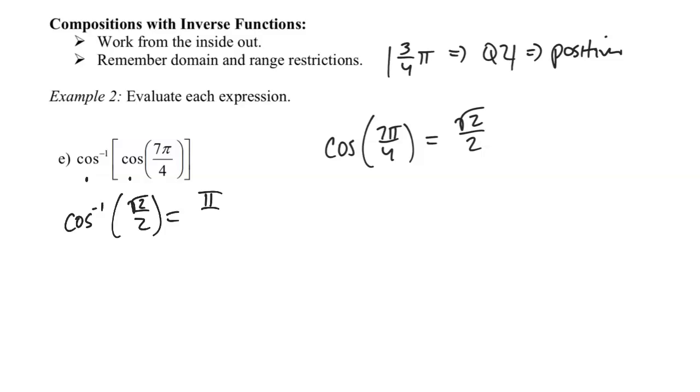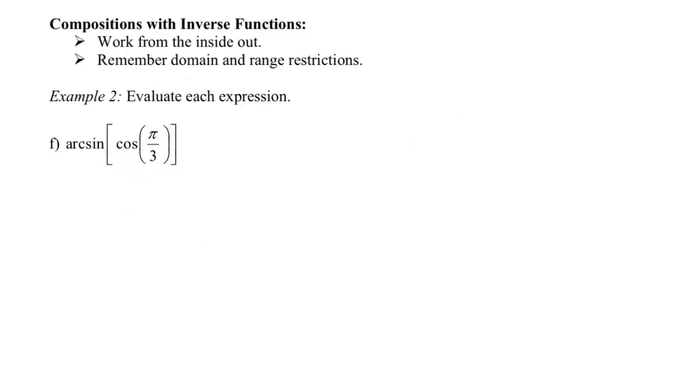And from our table, that would be pi over 4. And so again, notice that that is not just that number right there, that the number changed again because of the domain and range restrictions on these particular functions.